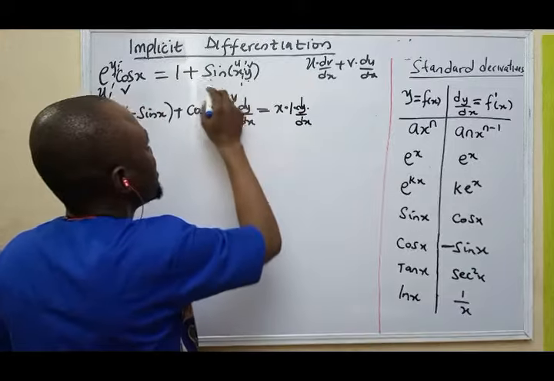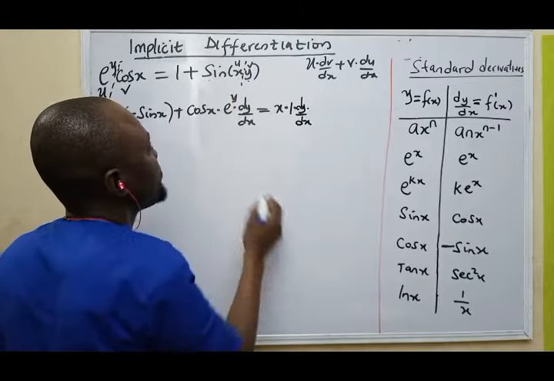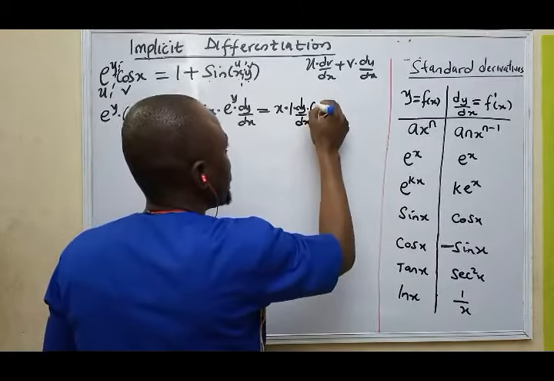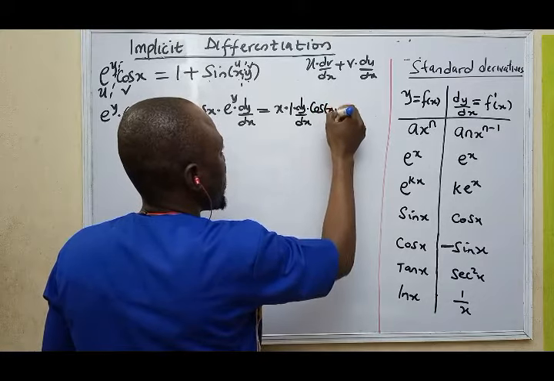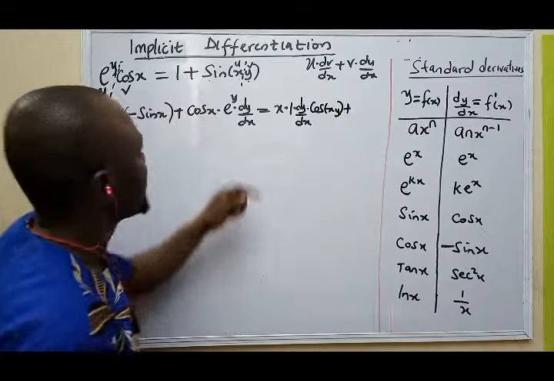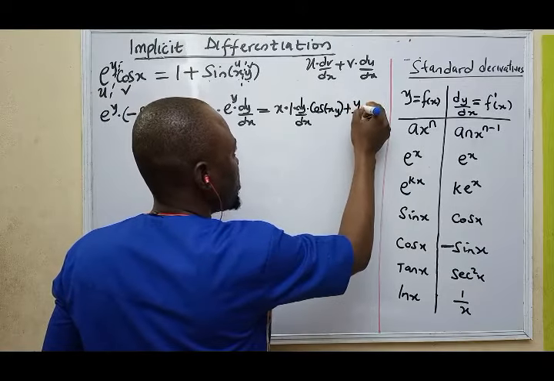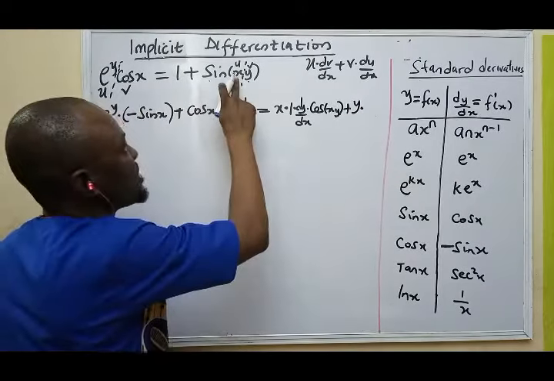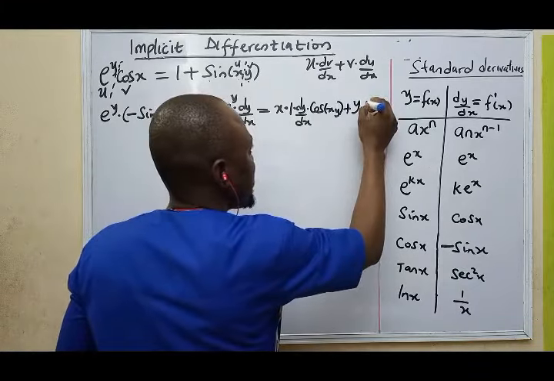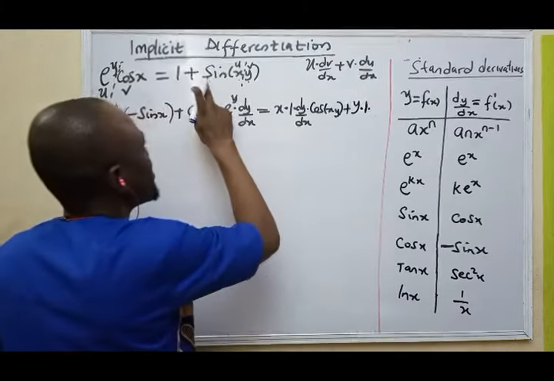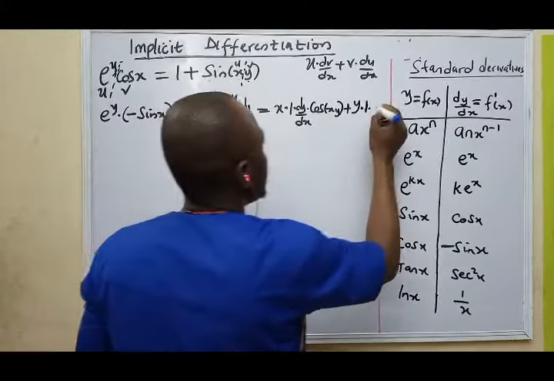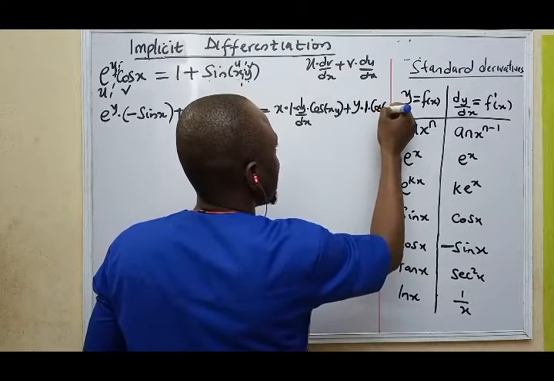Then dot the derivative of sine xy, which gives cos xy. Then plus, now v is y, so I write y dot the derivative of x, which is 1, dot the derivative of sine xy, which gives cos xy.